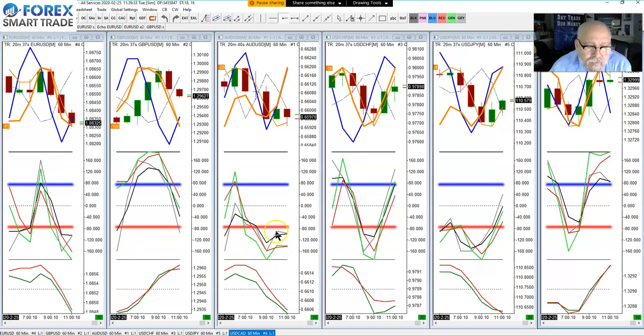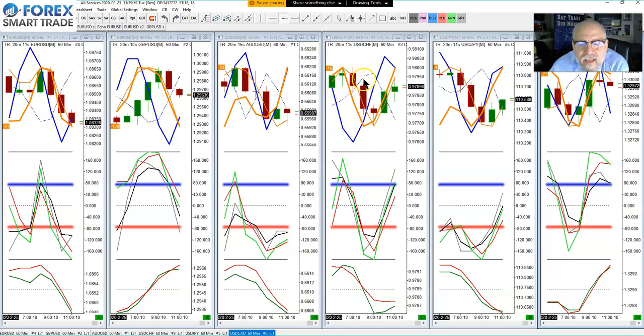Australian US dollar, they're below the oversold line, but pointed sideways, not up. They have double crossed, but it's not steep enough. I want them to be more pointed up, so I am going to pass on this.